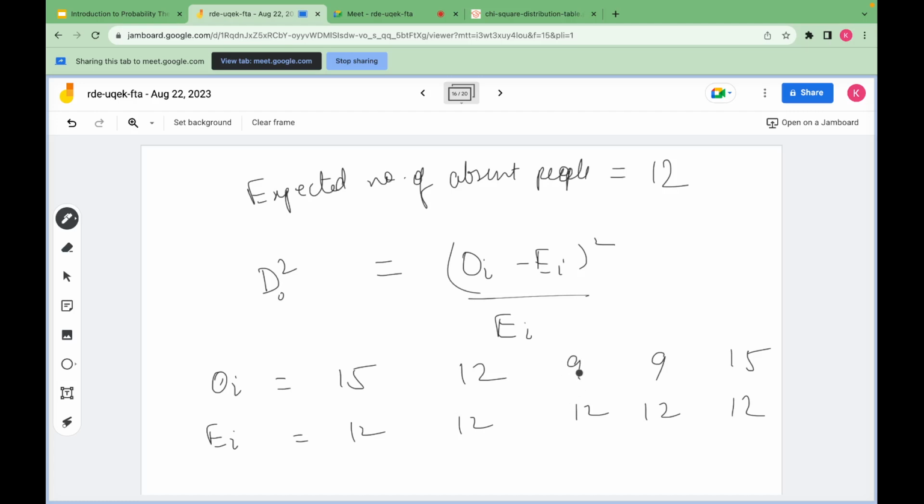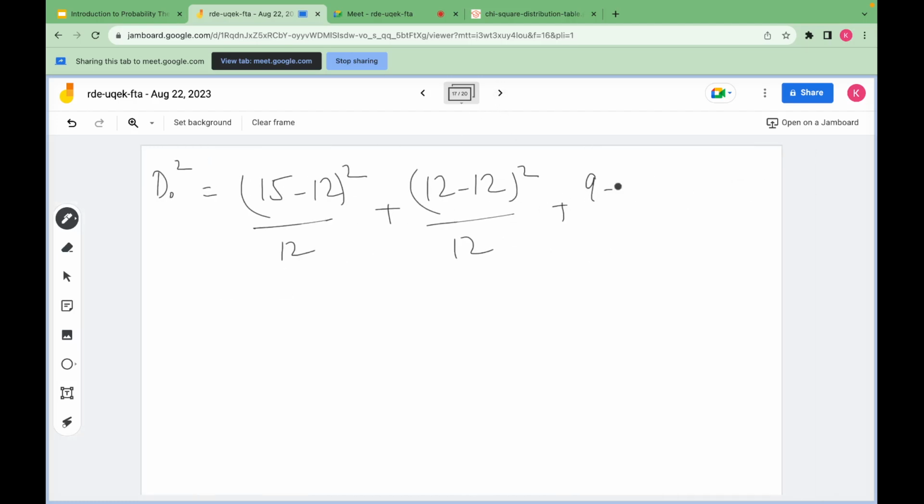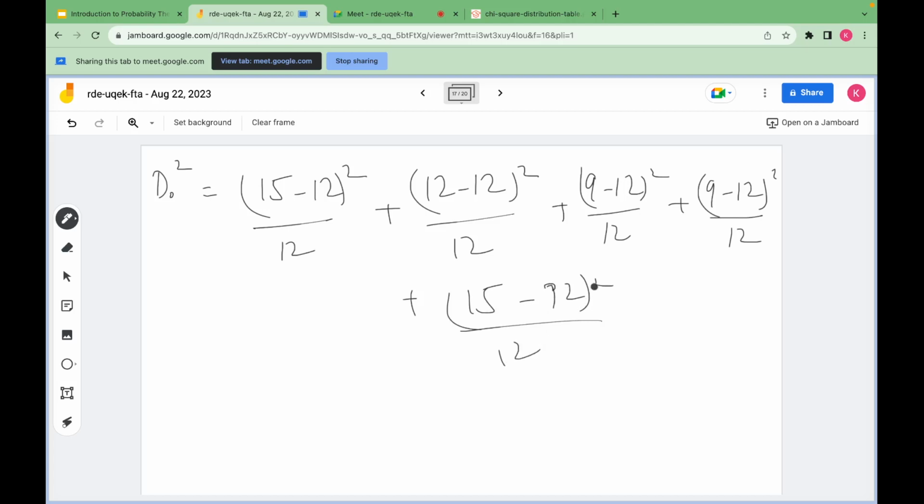For the third term we will be doing 9 minus 12, for the fourth also 9 minus 12, so 9 minus 12 whole square divided by 12 plus 9 minus 12 whole square divided by 12. And for the last term we will be doing 15 minus 12 whole square divided by 12. This value comes out to be 3.